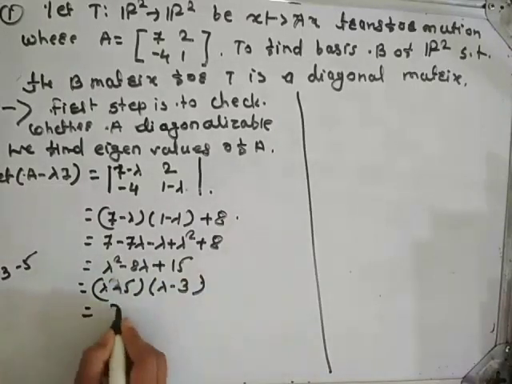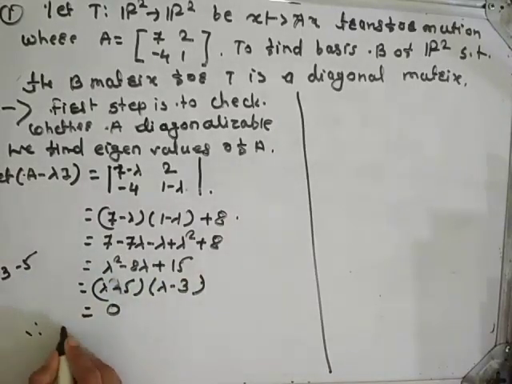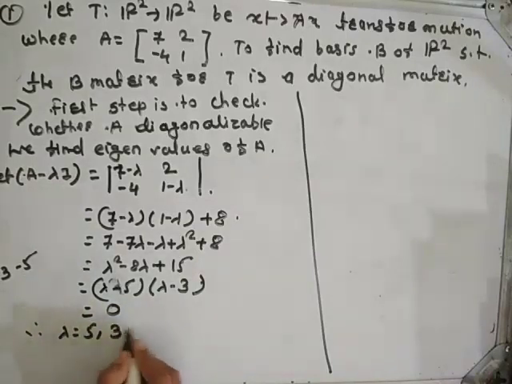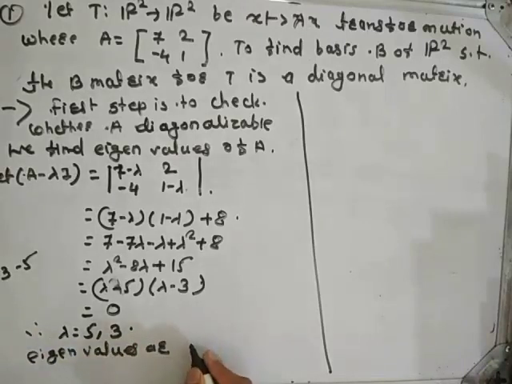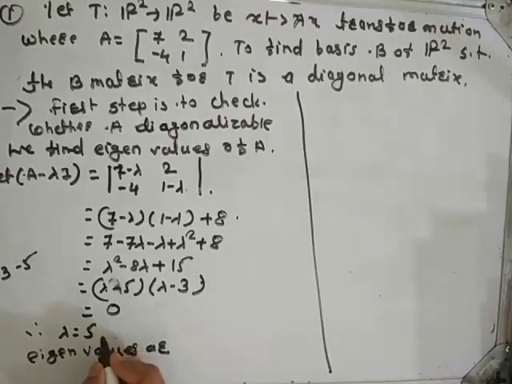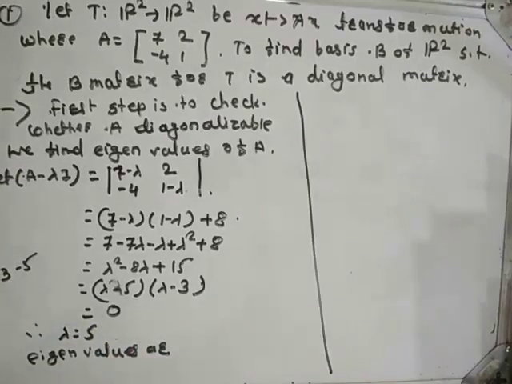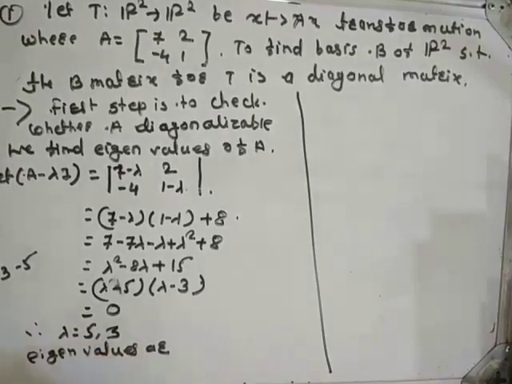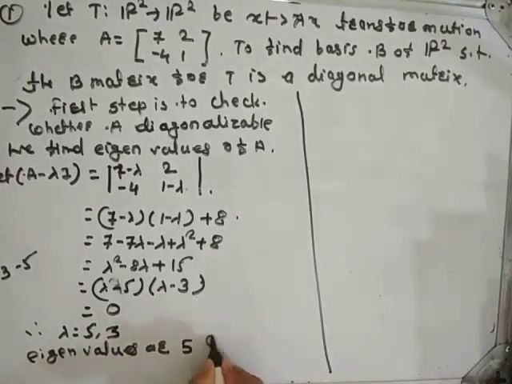If we equate it to 0, we get lambda equals 5 and 3. So the eigenvalues are 5 and 3.